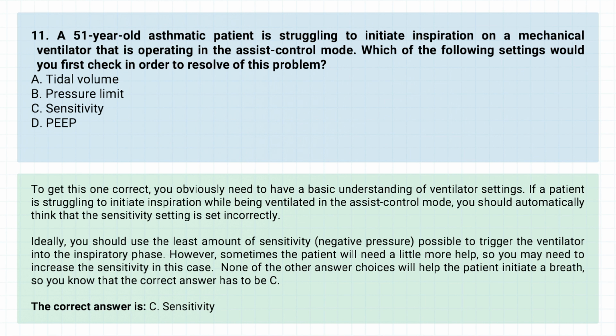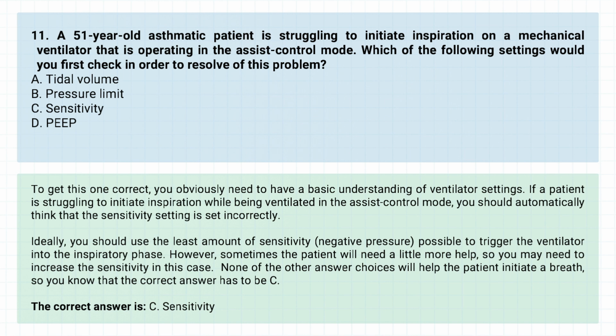Sensitivity. To get this one correct, you obviously need to have a basic understanding of ventilator settings. If a patient is struggling to initiate inspiration while being ventilated in the assist control mode, you should automatically think that the sensitivity setting is set incorrectly.